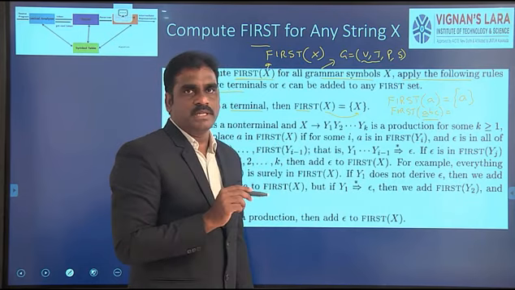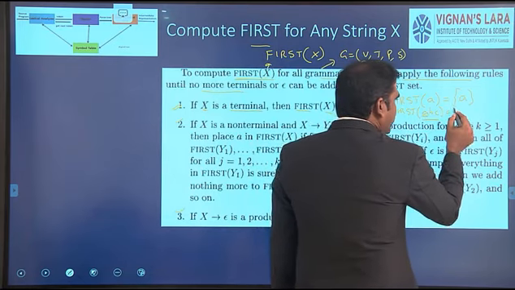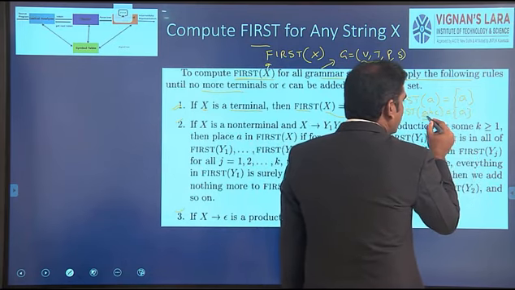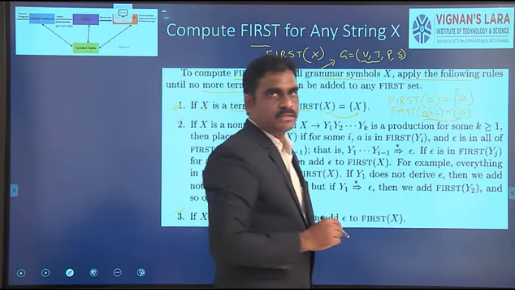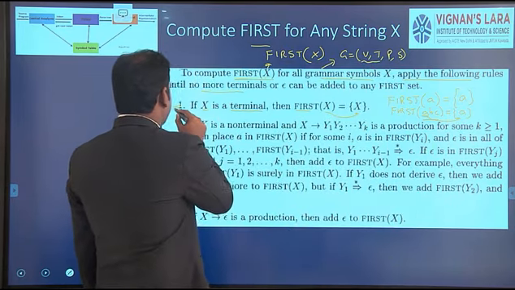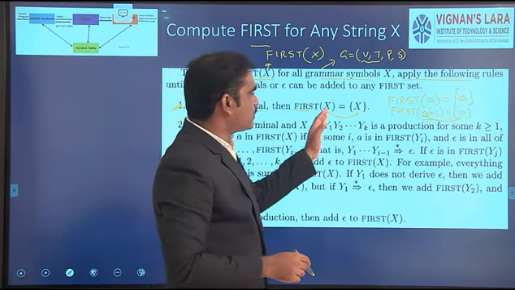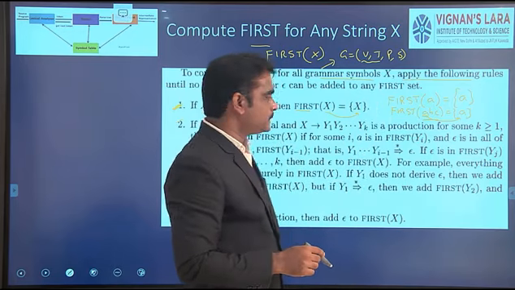If the first symbol is a terminal, then the result is the same terminal symbol. Again the result is A only. This is the first point: if x is a terminal, then first of the terminal symbol equals the same terminal symbol.